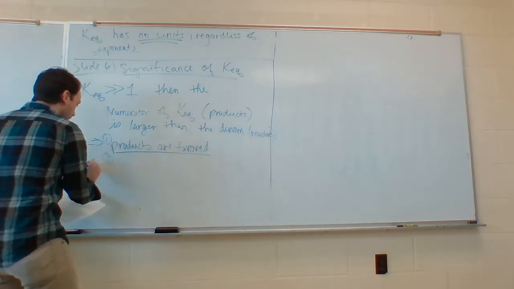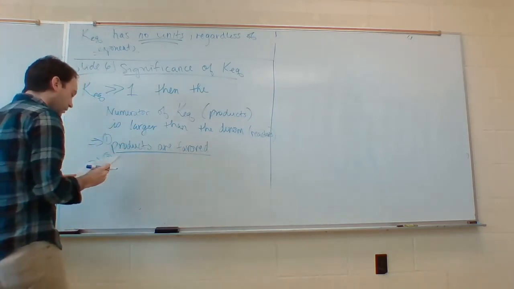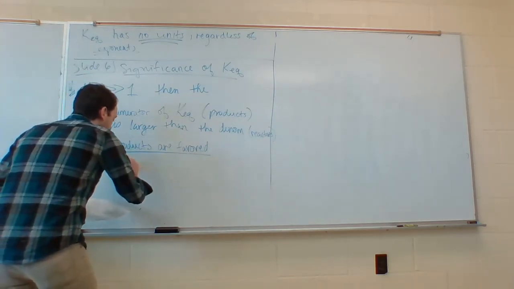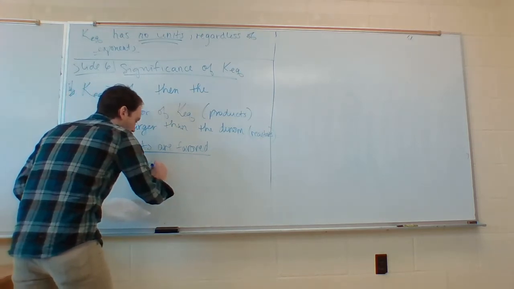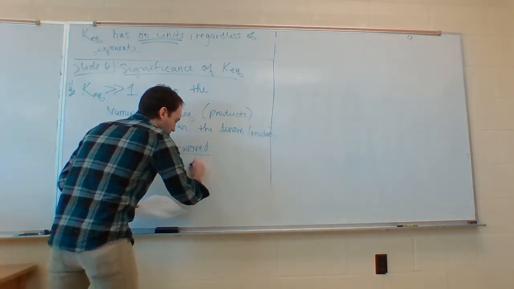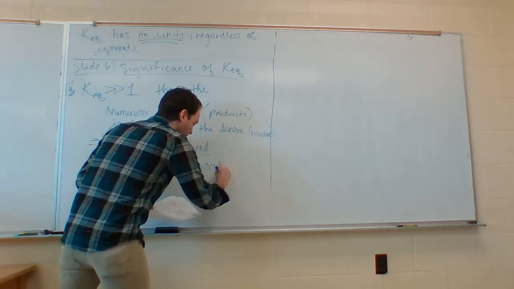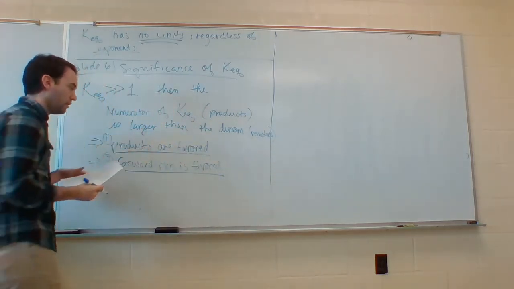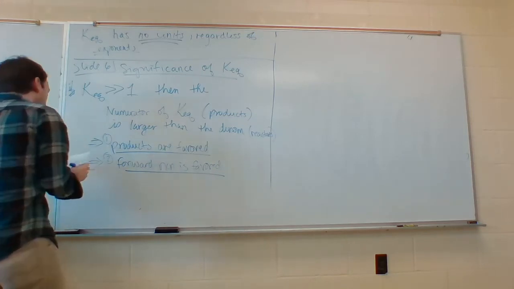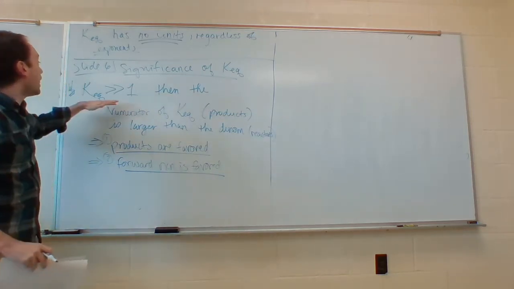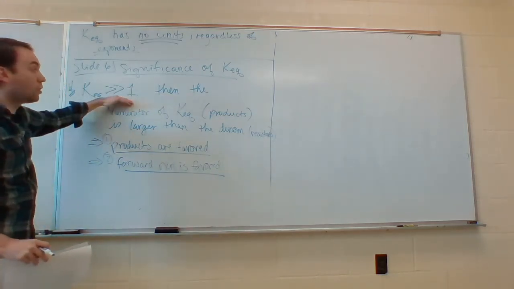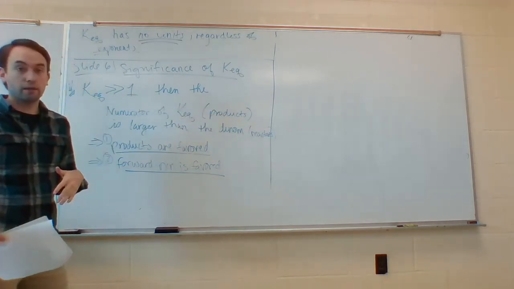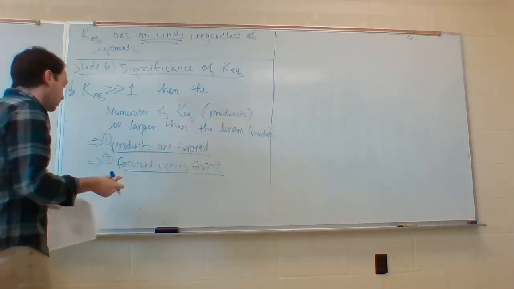It also means that our forward reaction is favored. Forward is favored. Products are favored. If our KEQ is much, much bigger than 1, then we know that we've got more products at equilibrium.